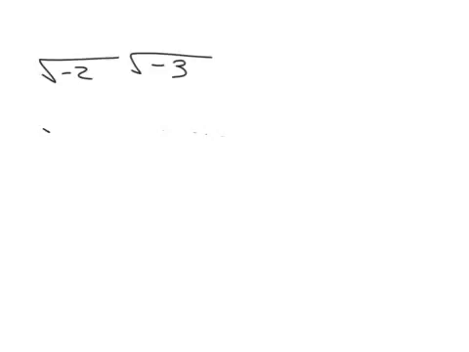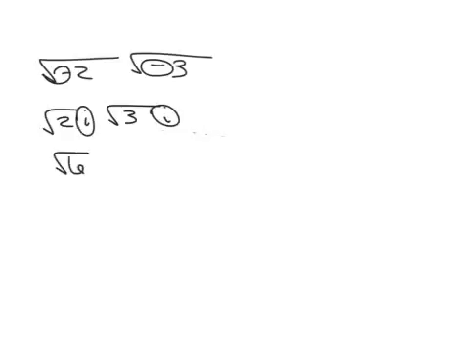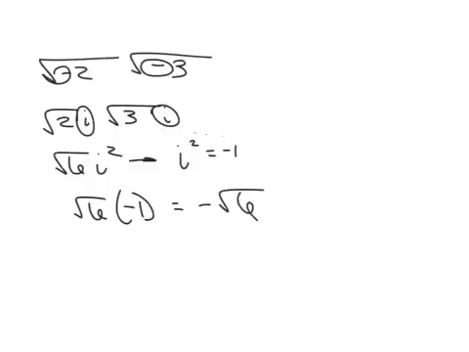So we're going to write this as the square root of 2i times the square root of 3i, because that negative just turns into an i and comes outside. Now I can multiply and get the square root of 6. Multiply these two, i squared. And if you remember, i squared is negative 1. So we get the square root of 6 times negative 1, which is actually negative square root of 6. So that's the answer that I want you to get.